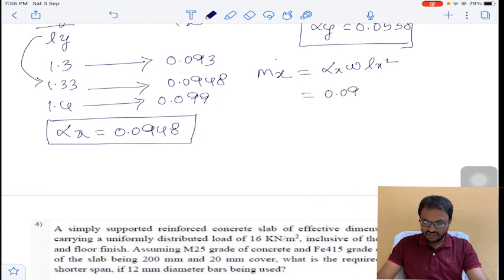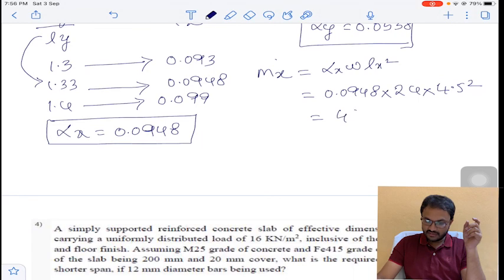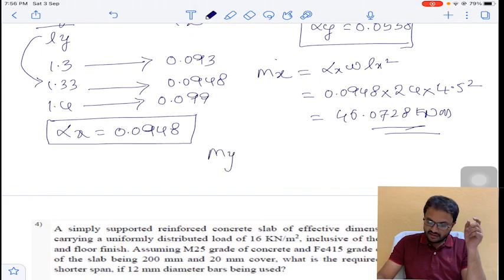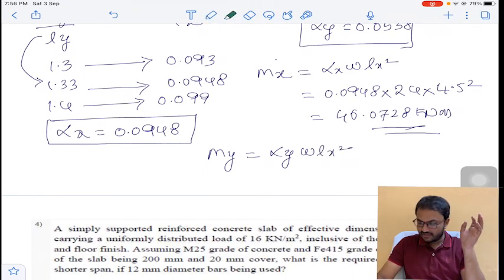Alpha x value is 0.0948. W is the total design load, so we got 24. And Lx, that is shorter span, 4.5 whole square. This will be 46.0728 kilonewton meter. And moment along longer direction, that is My, is equal to alpha y w Lx square.